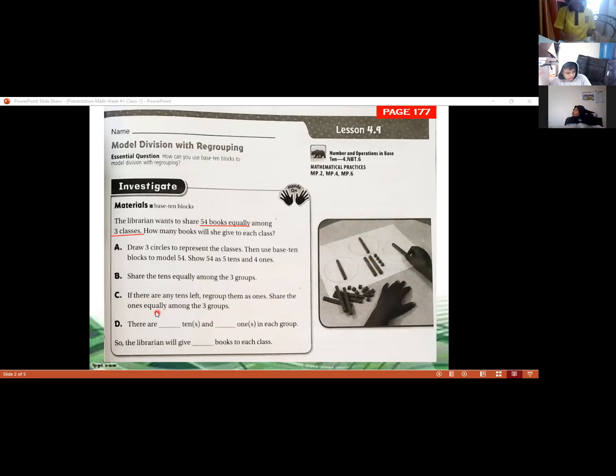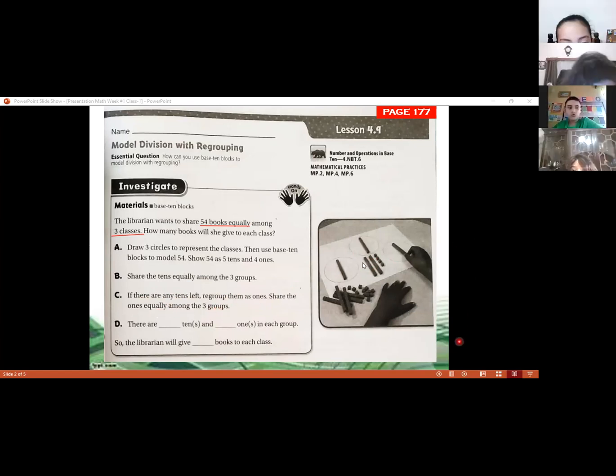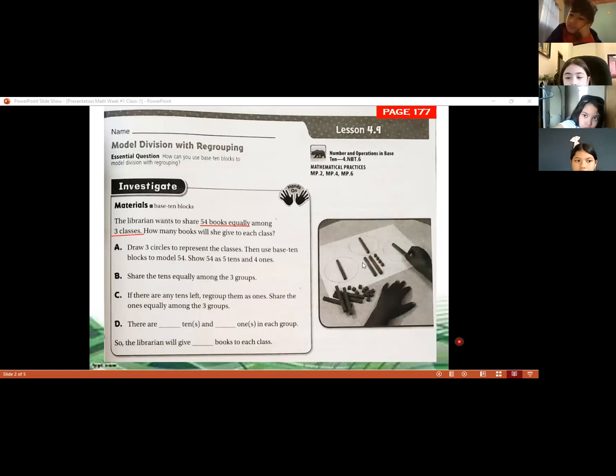Share the ones equally among the 3 groups. So again, letter C, it says, if there are any tens left, remember that we have 2 tens left, we need to regroup them as ones and share these ones equally among the 3 groups.